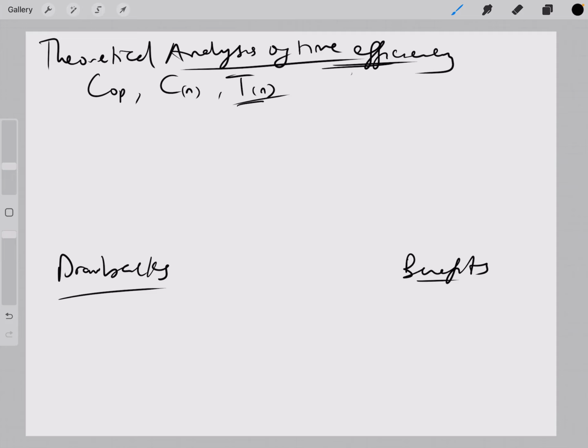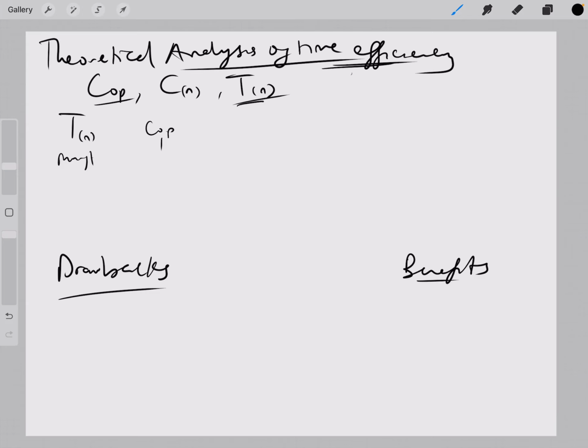Having said that, let's say T is our running time. What is C of op? C of op is the execution time of the basic operation.